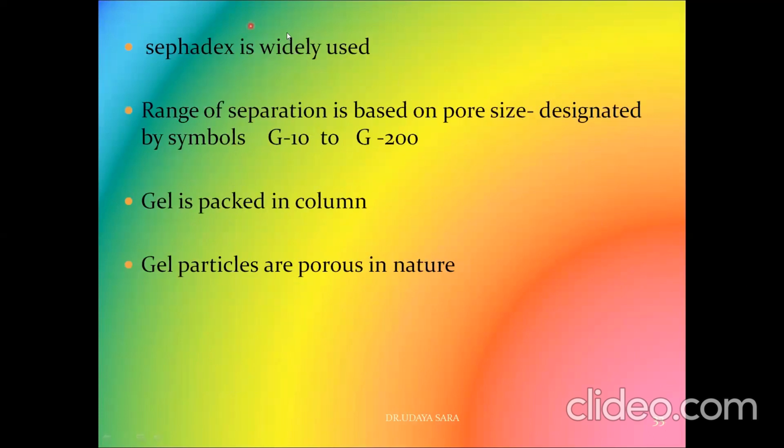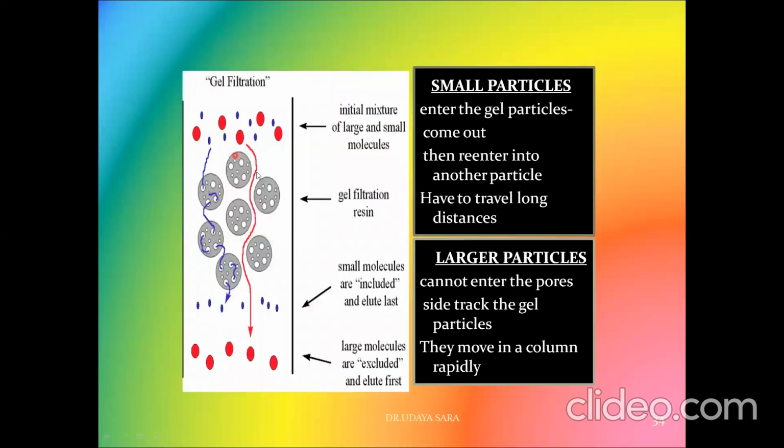Sephadex is the most commonly used molecule, and this gel stationary phase is packed into a column, and these gel particles are also porous in nature. The gel particles are packed into a long narrow column, and the molecular mixture we want to separate is applied over the top of the column. Different molecules will move across the gel differently, and based on size, they get separated.